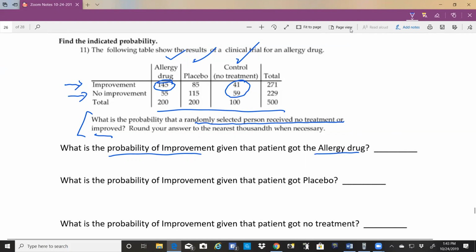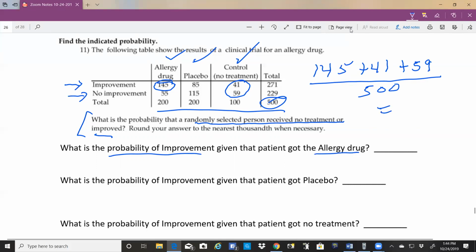So you're picking somebody at random, and you have 145 that had improvement and took the drug, plus 41 that had improvement with no treatment, plus 59 that had no improvement. Those are the ones you're looking for, divided by the total number, which is 500. And this turns out to be 0.66.